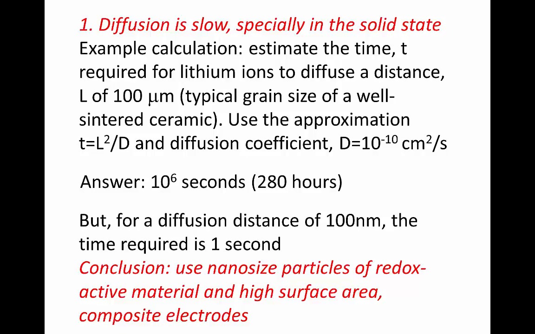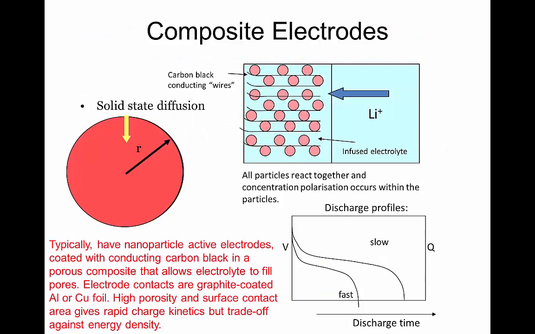So we want high porosity materials and small particle sizes. And in practice, composite electrodes are used to facilitate these microstructural characteristics. The next slide shows a typical composite electrode.